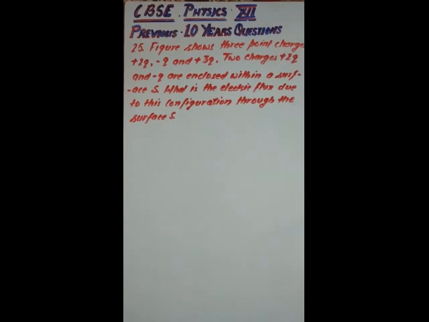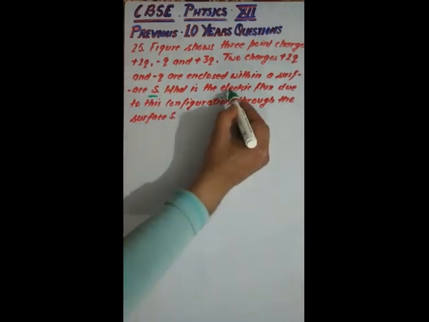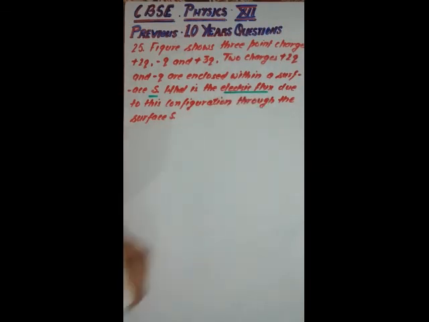Figure shows three point charges: positive 2q, negative q, and positive 3q. Two charges, positive 2q and negative q, are enclosed within a surface S. What is the electric flux due to this configuration through the surface?